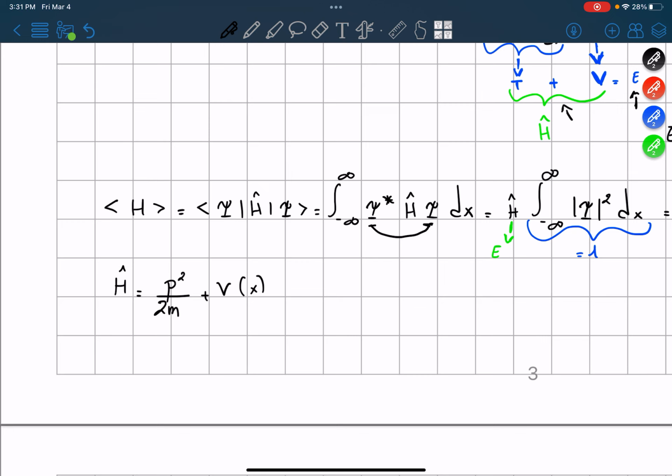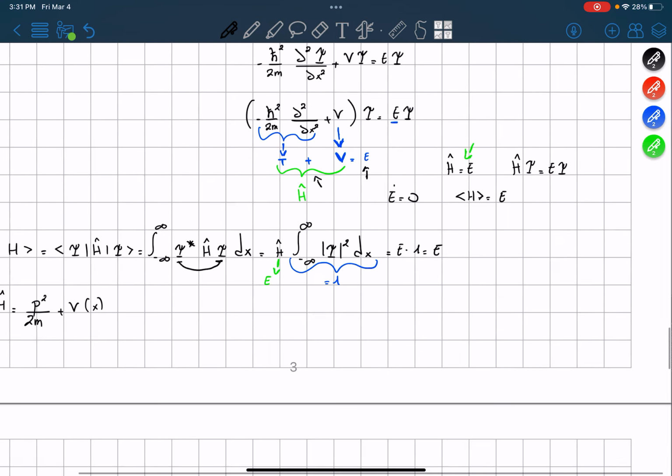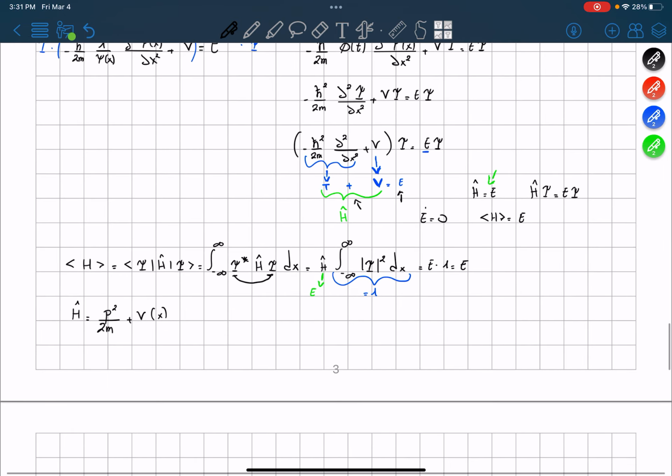Well, if you remember what our p is, we can just simply plug it into our operator, that is H, and we get the same thing, because we said p is equal to, I believe it's negative i h bar, and then the derivative over x.